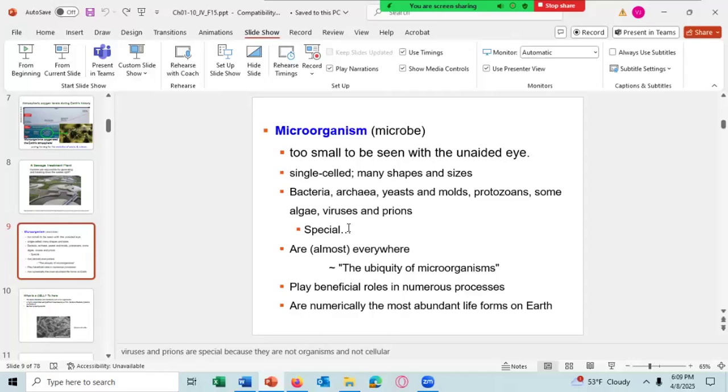Microbes are almost everywhere, so we can talk about the ubiquity of microorganisms, meaning you find microbes almost everywhere you look. They play beneficial roles in numerous processes on the planet Earth, and they are numerically the most abundant life form on the planet Earth. Any question about any of that?